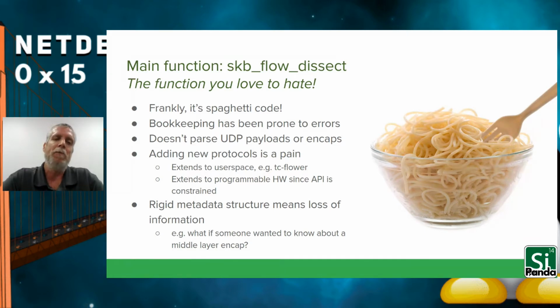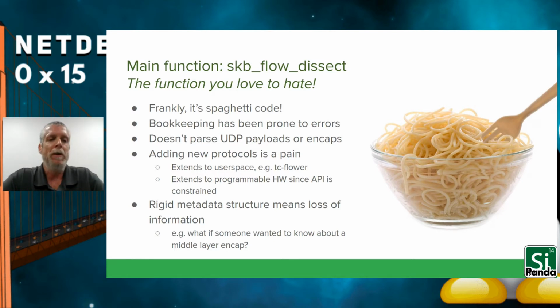And this problem extends to programmable hardware. Say we wanted to offload flow dissector into hardware, then because it's hard to add new protocols into the kernel flow dissector, it would be equally difficult, because of the APIs, to add new protocol support in programmable hardware.